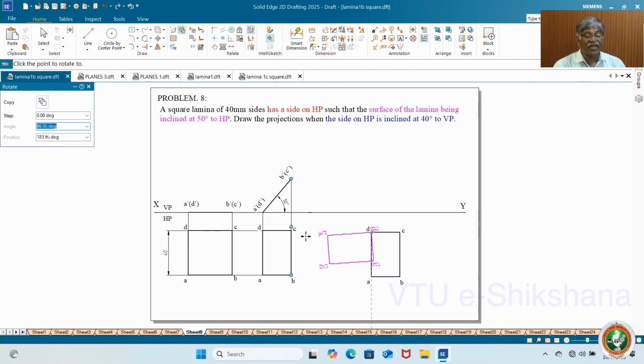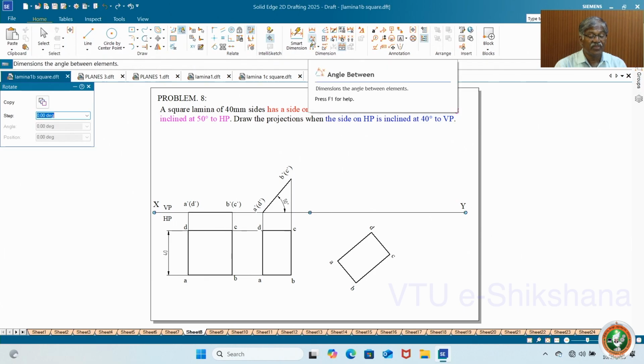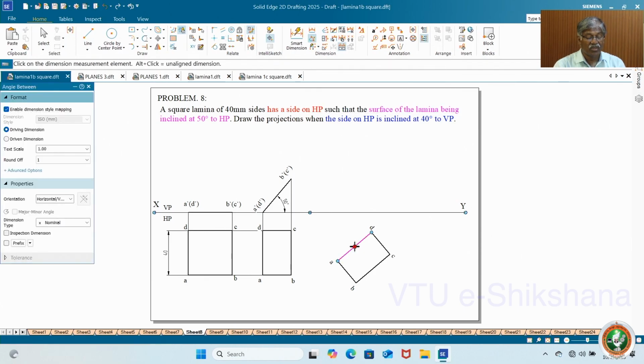For the horizontal line, that is XY, you have to take 40. With the vertical, it is 90 minus that, so 50. Anyway, finally you measure this side or this side. Measure the angle and confirm. This is how you move and rotate. See, 40 degrees.